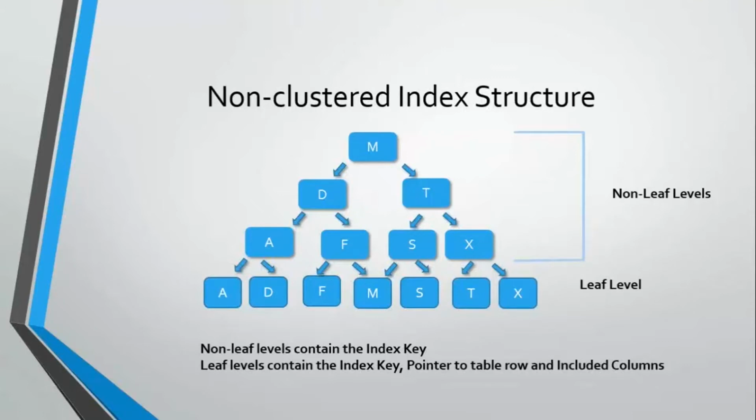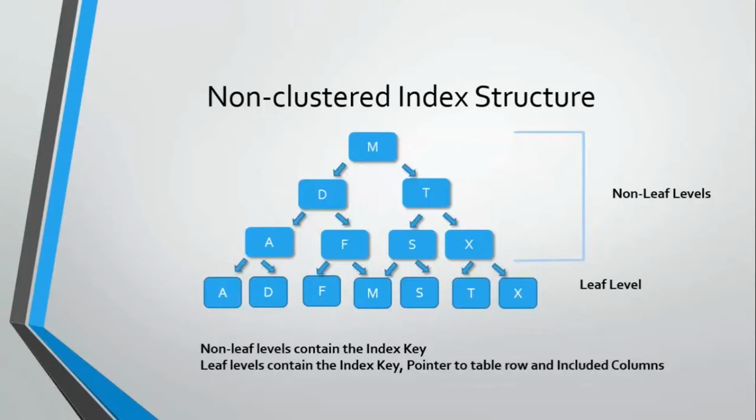That pointer to the table row is either what's called a key row identifier when it's pointing to a heap, or the cluster key if it's pointing to a clustered index. Remember when I said the cluster key needs to be narrow? That's because any non-clustered indexes that you have are going to contain that cluster key, and if that cluster key is really big, you're going to have a very bloated non-clustered index.